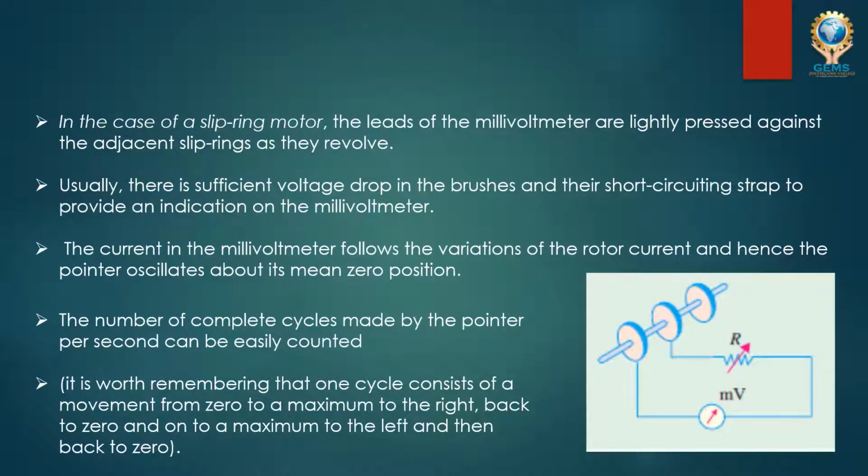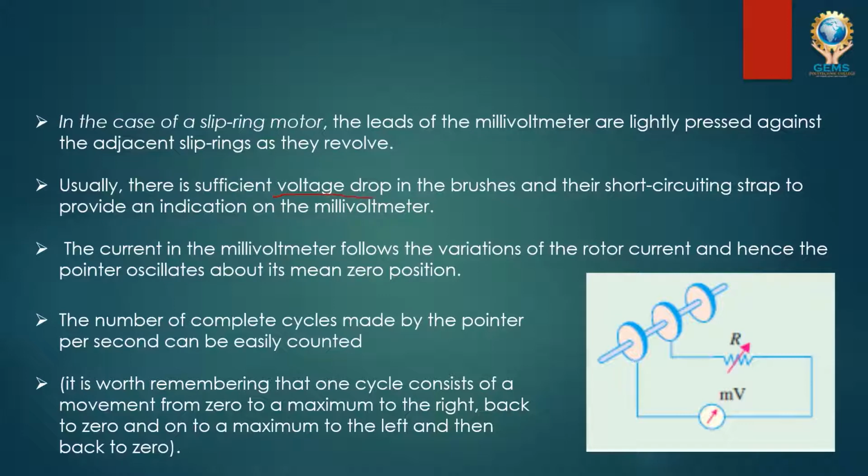In a slip ring motor, okay, here see the diagram. In a slip ring motor, there is a slip ring. In between the slip ring, there will be some voltage drop in the brushes and the resistance.